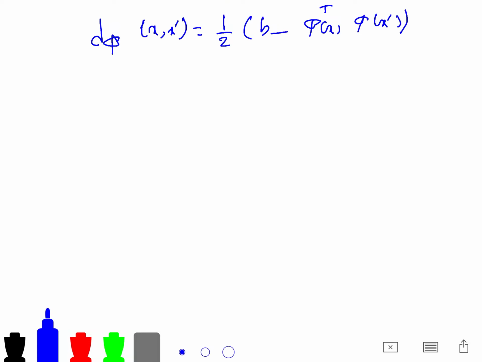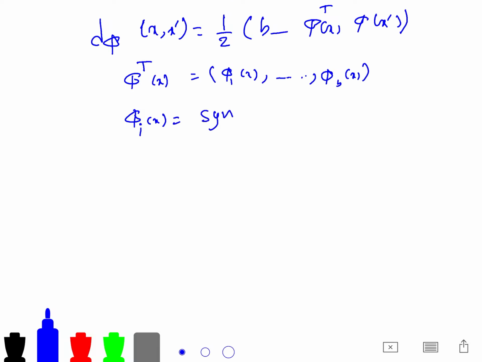And I noticed that there was just a typo in the article. It's transpose of phi that you write as a 1 by b vector, phi b of x.